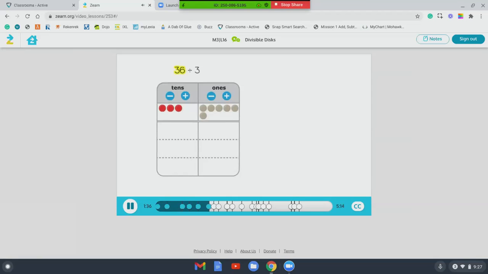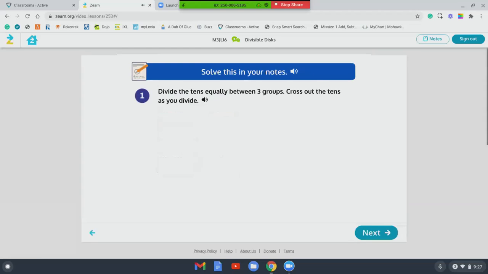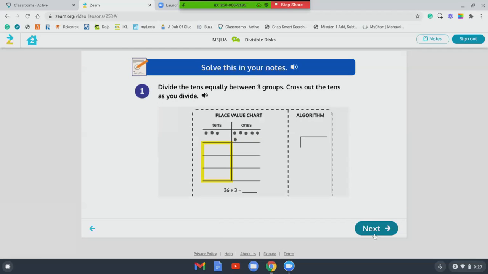36 is our whole, and we're splitting it into 3 equal groups. Let's start dividing with the largest unit. Solve this in your notes. Divide the 10s equally between 3 groups. Cross out the 10s as you divide.